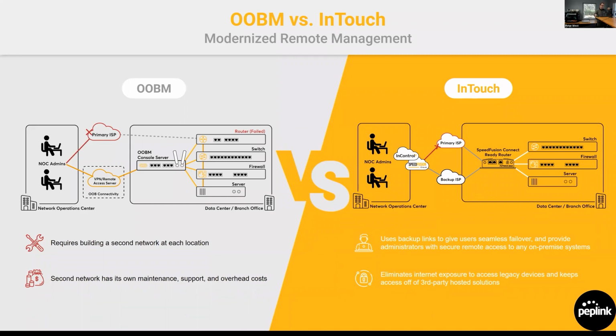So I was using SpeedFusion, which did have 4500 inbound allowed. I was using SpeedFusion with InTouch going into a remote site that had cellular connectivity to then access the LAN of the remote router. I just put in the IP address of my Peplink router on the other side of the tunnel, and I was able to actually access the LAN of that device as if I was sitting local to that network.